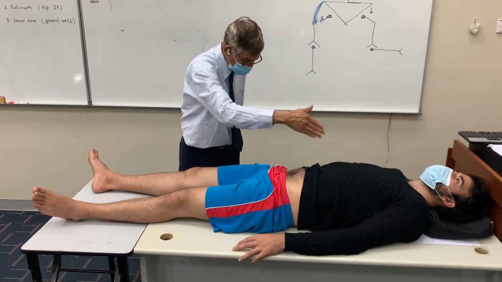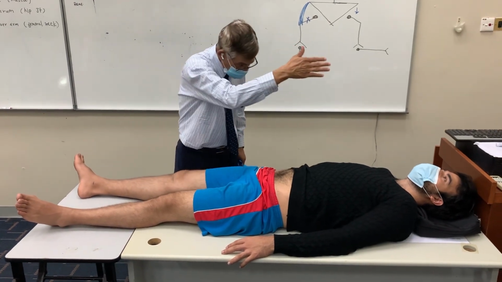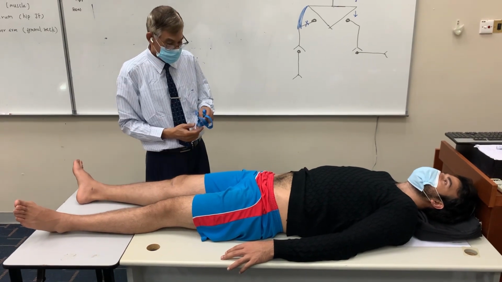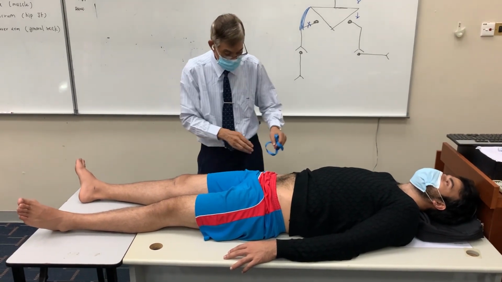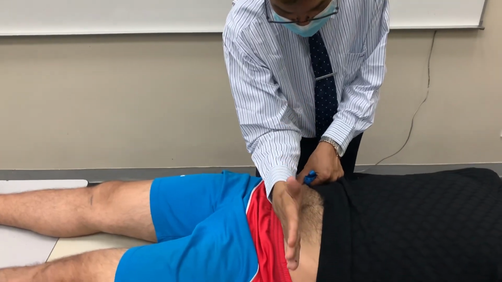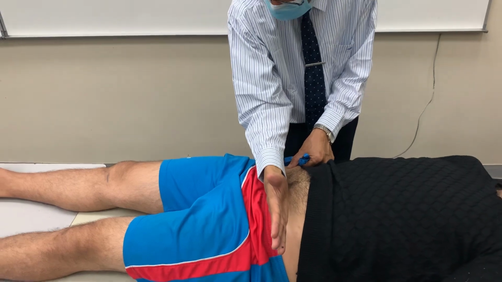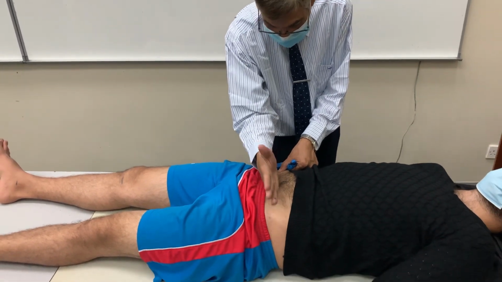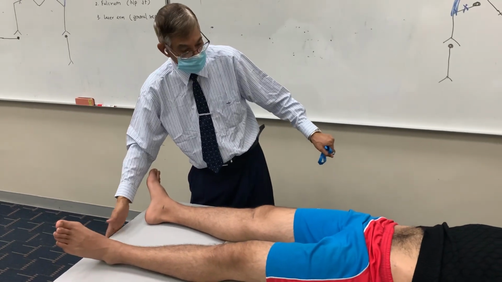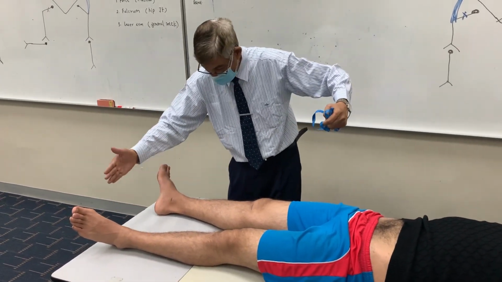Then the transverse axis, the line between the anterior superior spines, the transverse line of the patient, must be parallel to the end of the bed.